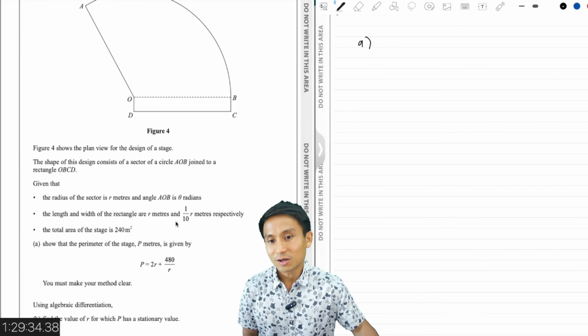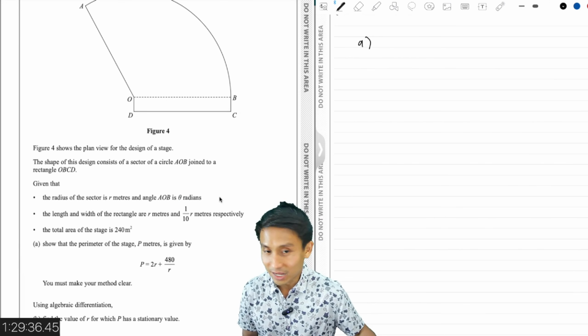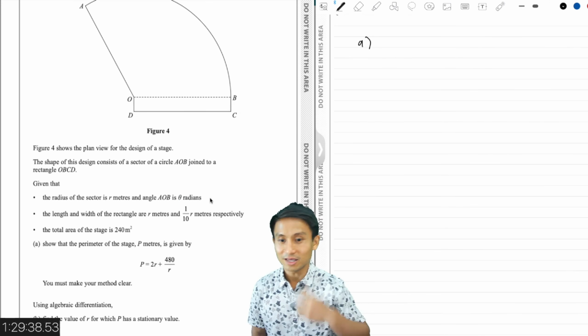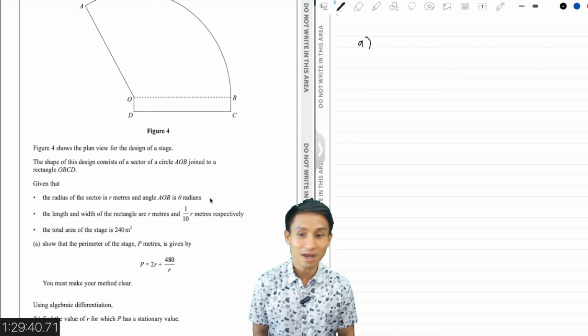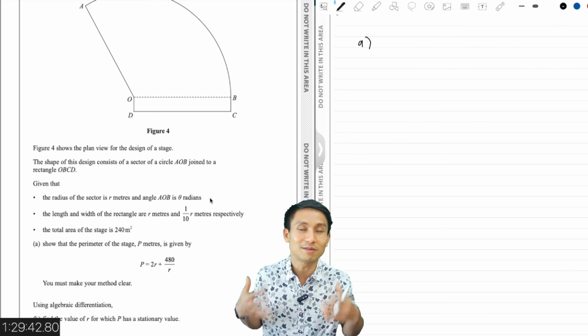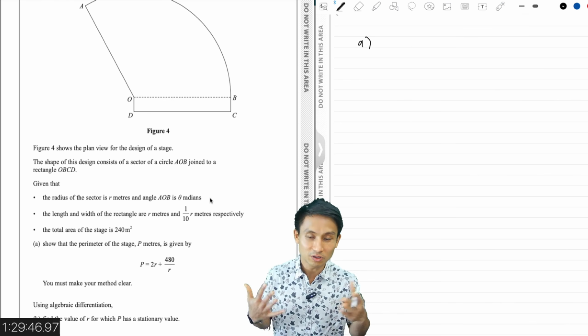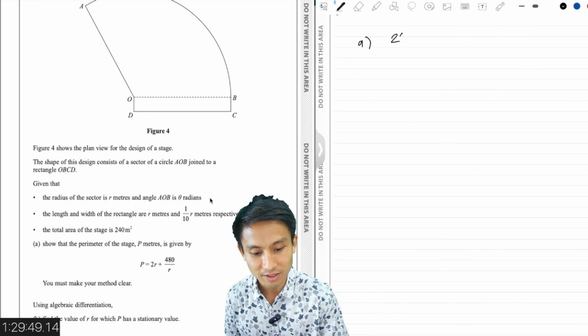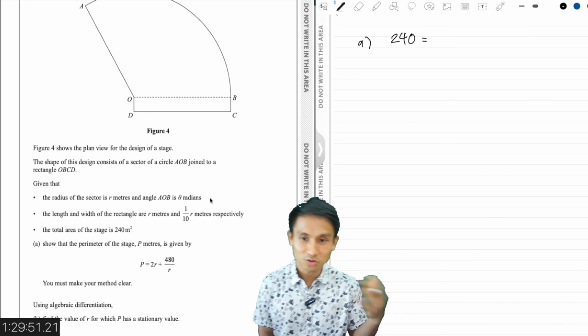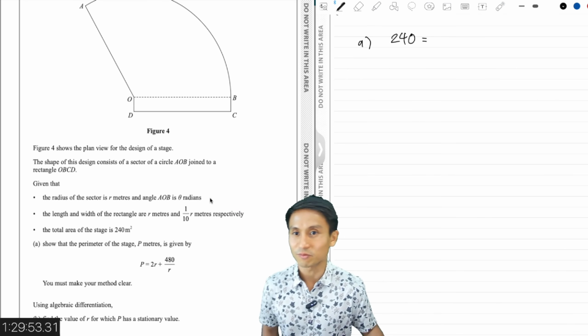So basically, we are given that it is theta radians, but the form in part A doesn't have any radian. It implies that we should eliminate theta with the given information here, which is the area of 240, right? So you try to find the area from the whole shape.